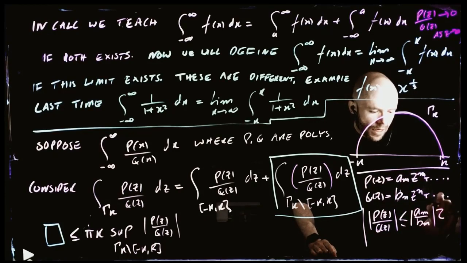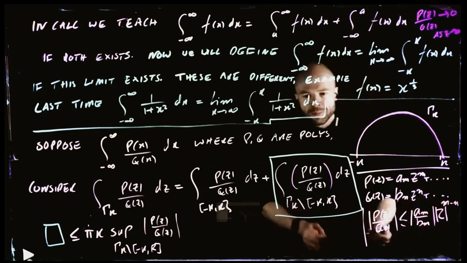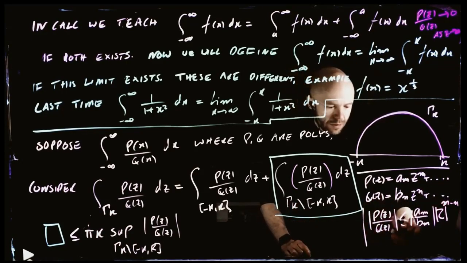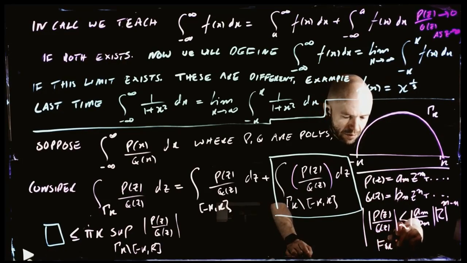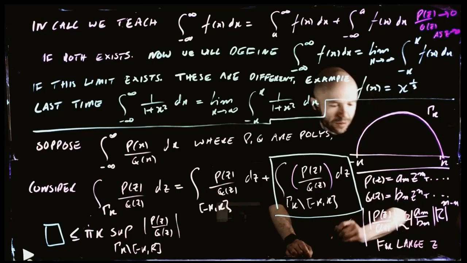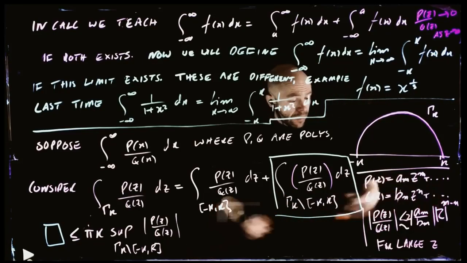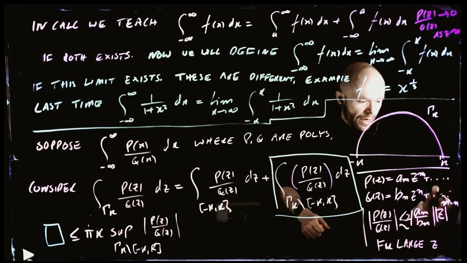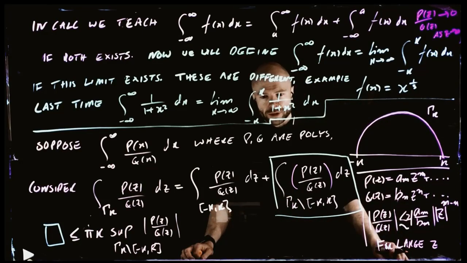And then it'll be the absolute value of z to the m minus n. For very large z this will be true, and m minus n has to be an integer.